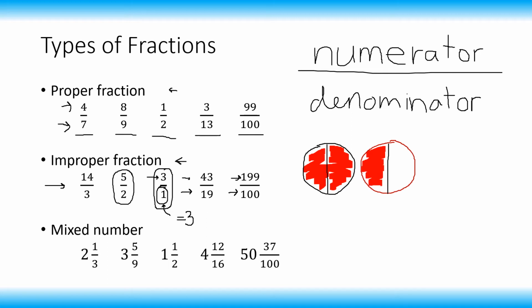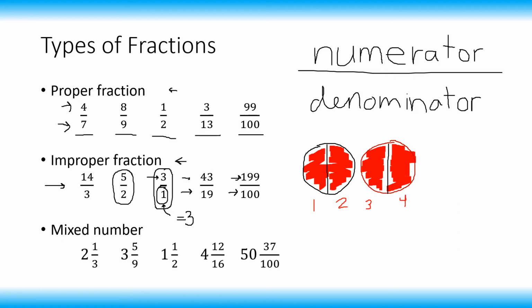So we color in this half here and this half here, and that gives us a total of 4 halves, right? If we count the halves that we have so far, we've got 1, 2, 3, 4 halves of the pizza, but we need 5 halves.